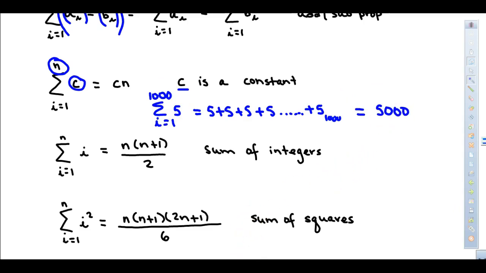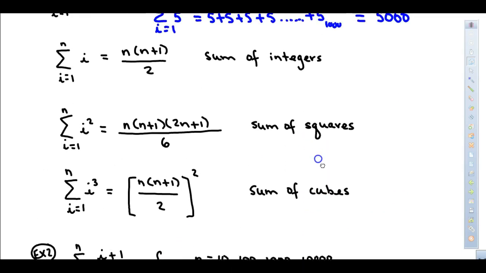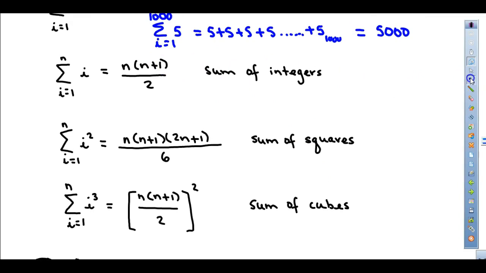Now, this next one is your formula for the sum of your integers. Suppose you're going to do the summation as I goes from 1 to 1,000 of your integers, where you just have I right here. What that means is you're going to do 1 plus 2 plus 3 right on out to 1,000.